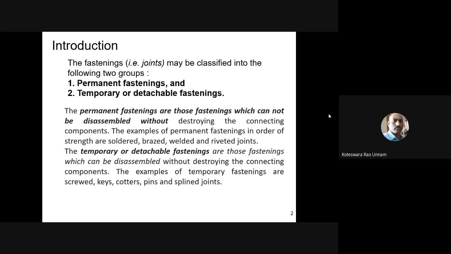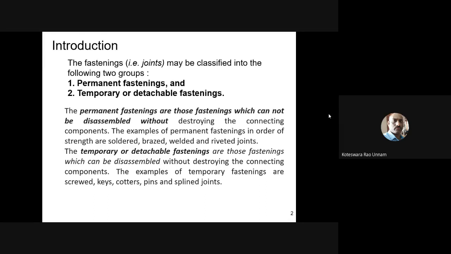Similarly, if you take cotter joints, what we discussed in that CMDP course, whether it is cotter and spigot, cotter and sleeve or cotter and gib, there also you can easily detach all the joints without destroying the components.